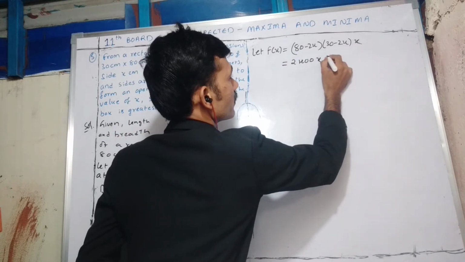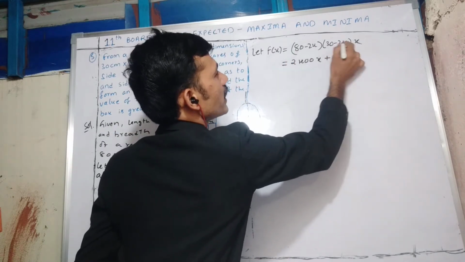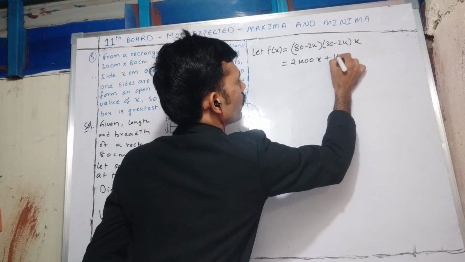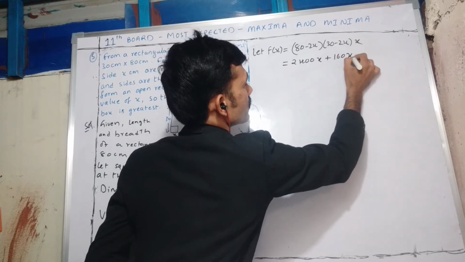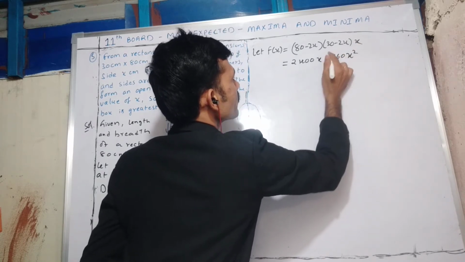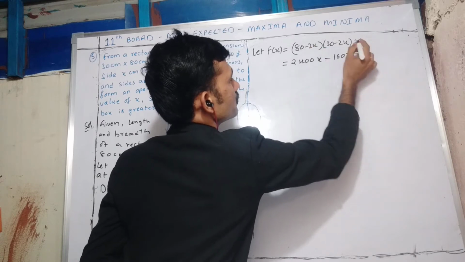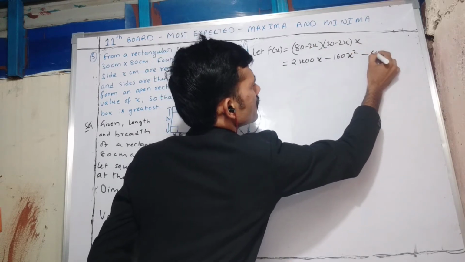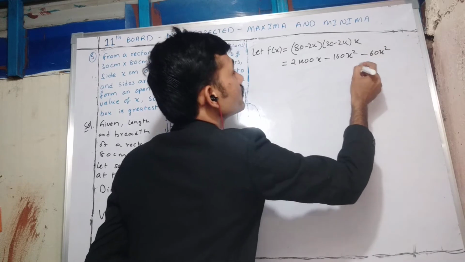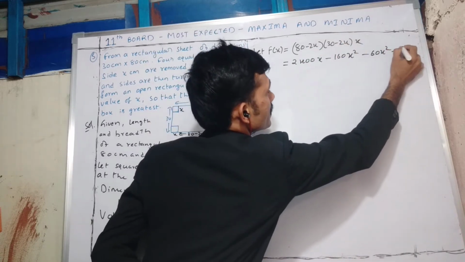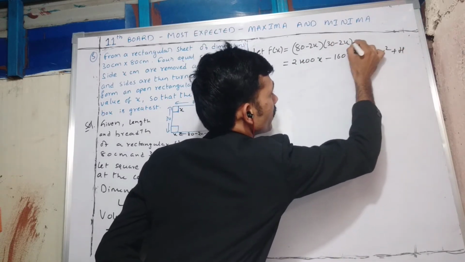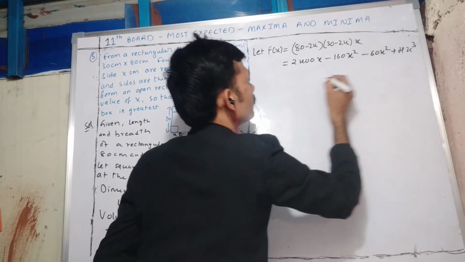Next, 80 times 2x is 160x, times x gives x square, minus. Next, minus 60 times x square, minus into minus plus 4x square, and one more x is there, giving x cube.